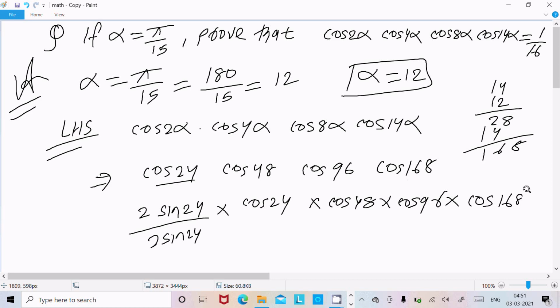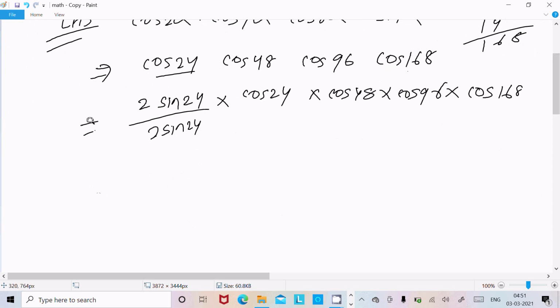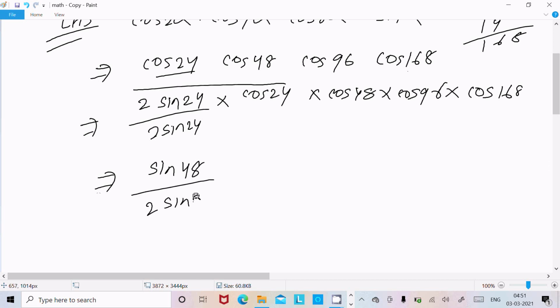Here we already know 2 sin θ cos θ, the formula is sin 2θ. So for this we can write sin 2θ, where θ is 24, so 24 into 2 becomes 48. Now write the 2 sin 24.